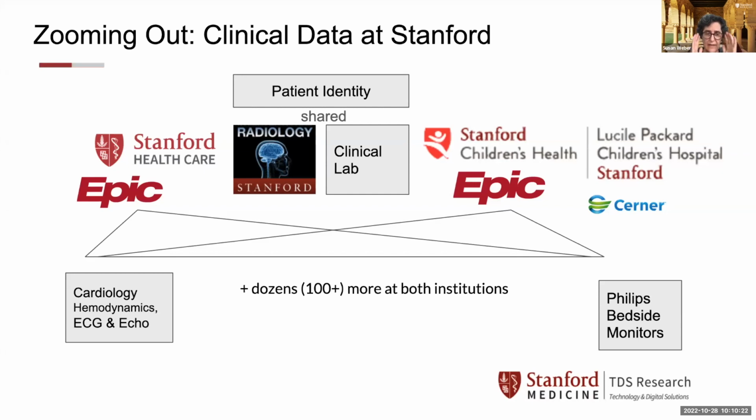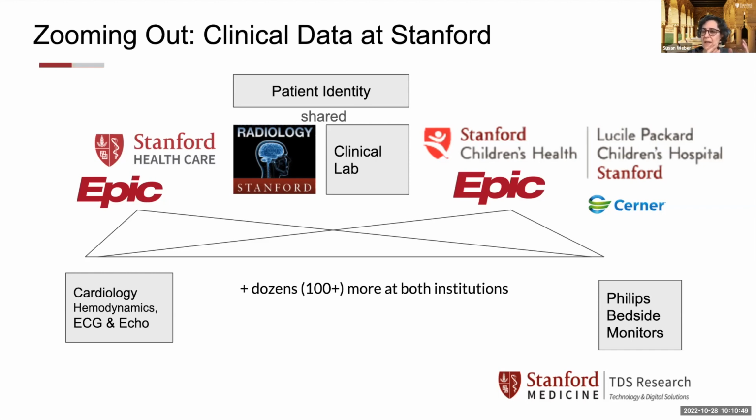So when you get data for research, it's coming from a large number of end systems. In addition to the main shared systems and the 2 EMRs, there are also hundreds of clinical ancillary systems that serve specialty purposes. There is something called Trauma One that is deployed in the emergency room for triaging trauma patients.